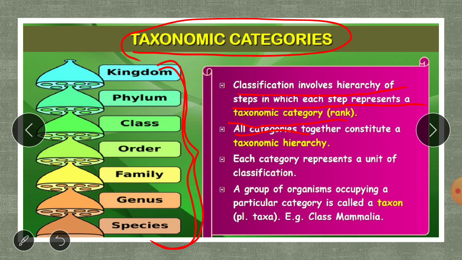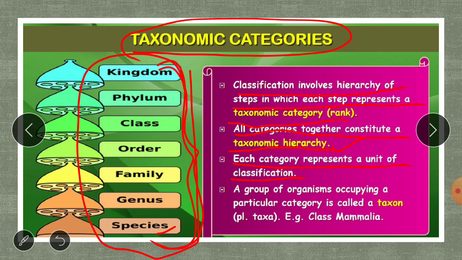All the categories together are called the taxonomic hierarchy. Each category represents a unit of classification.